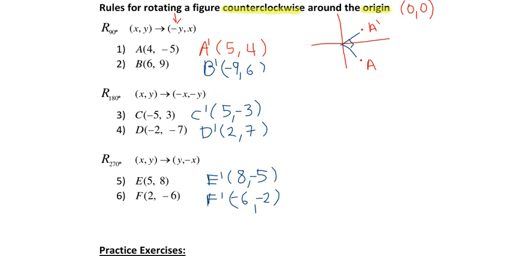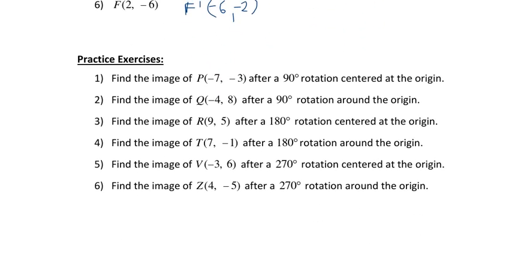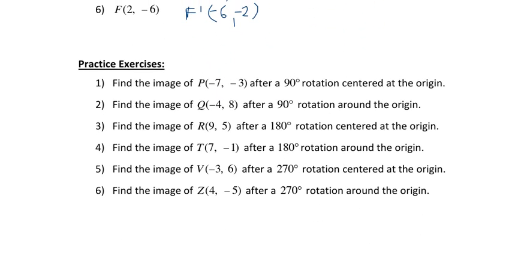So I'm going to leave you the practice exercises that are here. All of them must be done in the counterclockwise direction because it doesn't say anything. If it doesn't mention anything, it's because it's counterclockwise direction, and all of them are centered in the origin.